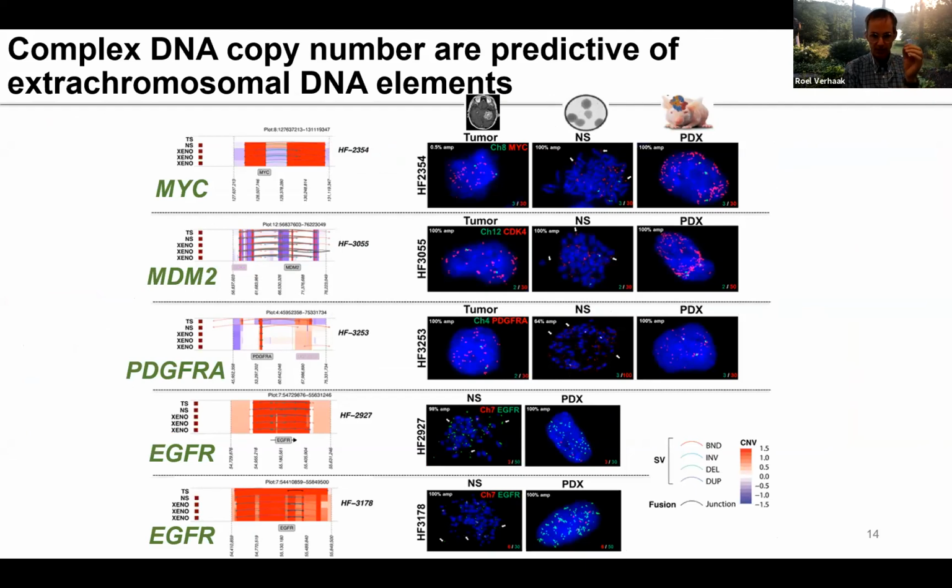Across the 13, we found at least one extrachromosomal DNA element in 10. 10 of the 13 carried one or more extrachromosomal DNAs. All in all, we saw that the extrachromosomal element was lost in 2 cases, which were the 2 MET examples.